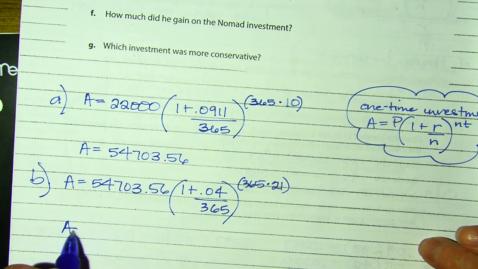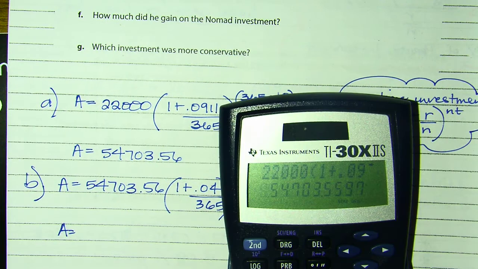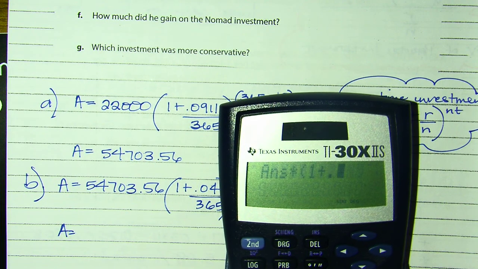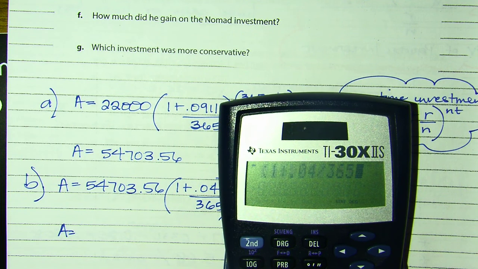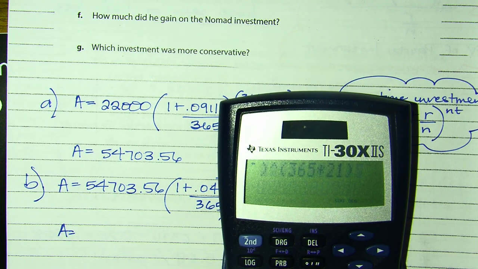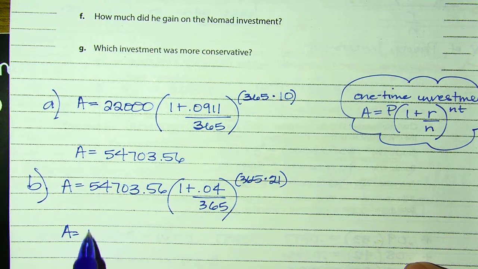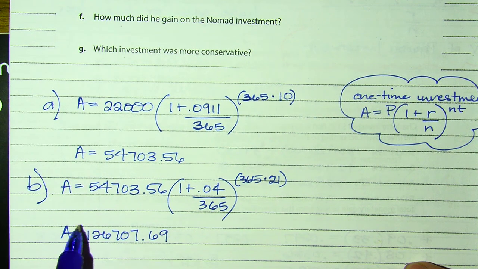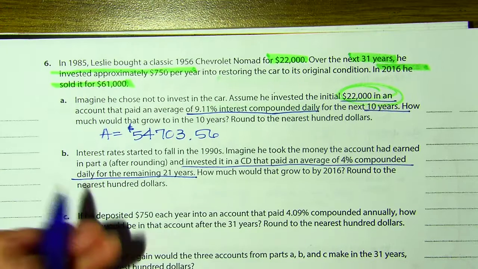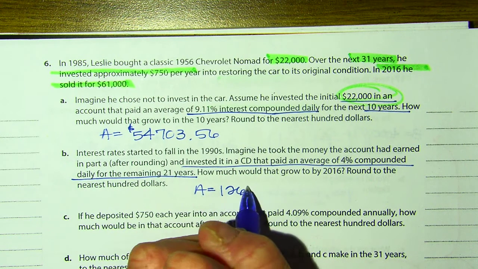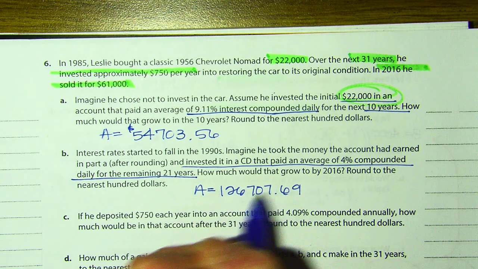And so I'm going to take this amount times 1 plus 0.04 divided by 365 to the, and in parentheses, 365 times 21. So now I have $126,707.69. So for part B, I now have $126,707.69.